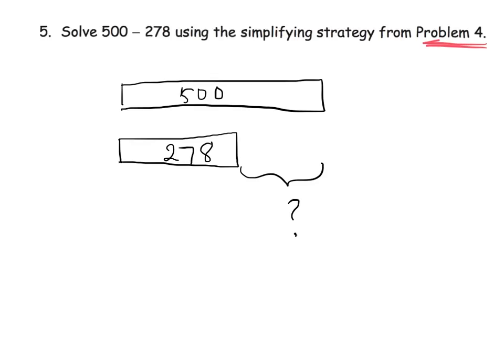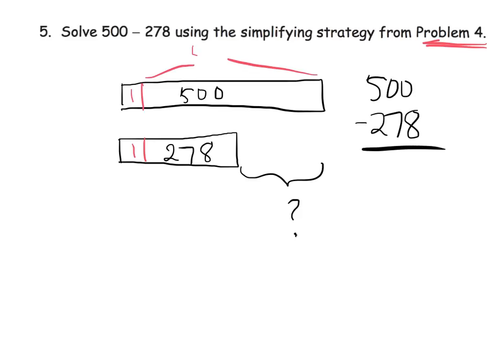But I don't want to do 500 take away 278 because that's a complicated problem. So what I'm going to do is chop off one block from each tape. That's going to change the problem. Instead of this being 500, it becomes 499, and instead of this being 278, it becomes 277.